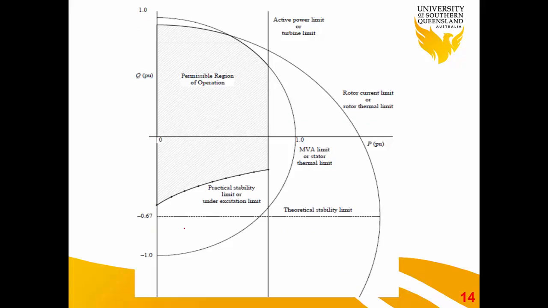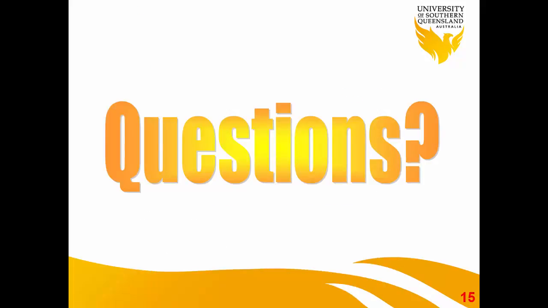And then this one explaining with this, you can see, where is your P? This one is your P. This is your Q, I think. Just follow this one. It said permissible region of operation, where you can operate. You can say safe operating region. Yeah, that's all.